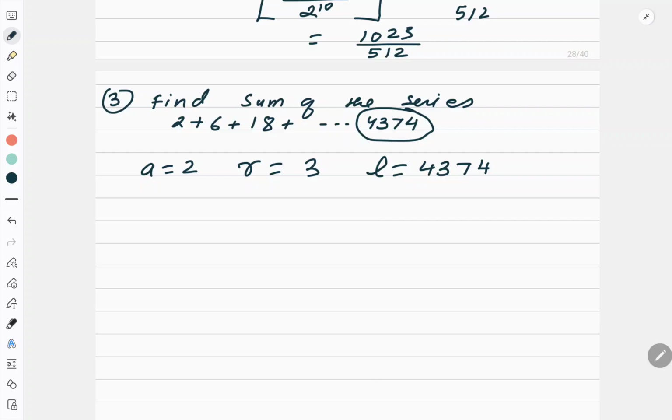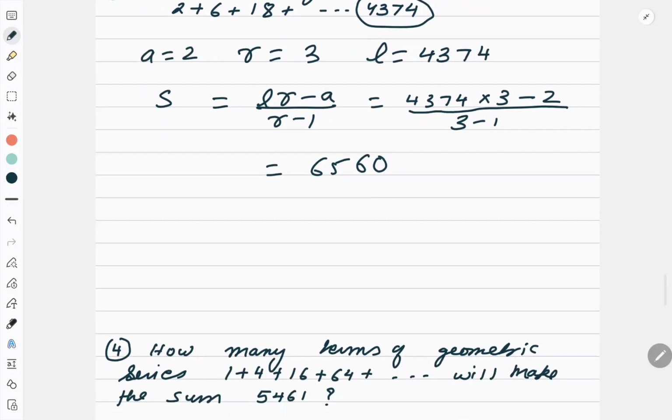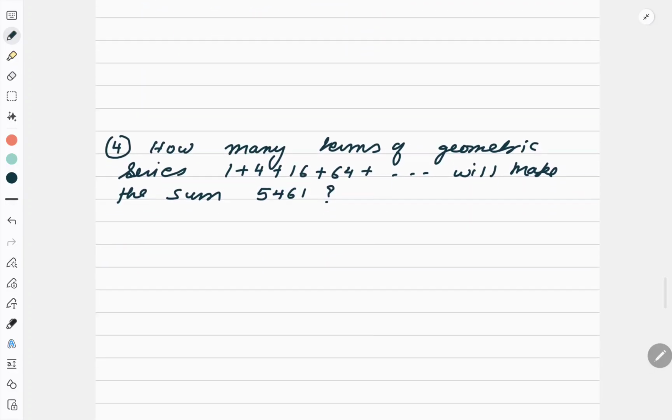You will get the value of n and then you can find out the sum. That is one way. And if you remember the formula of the sum when last term is given, we know that the sum is (LR minus A) upon R minus 1. So 4374 into 3 minus 2 upon 3 minus 1, which is equal to 6560.